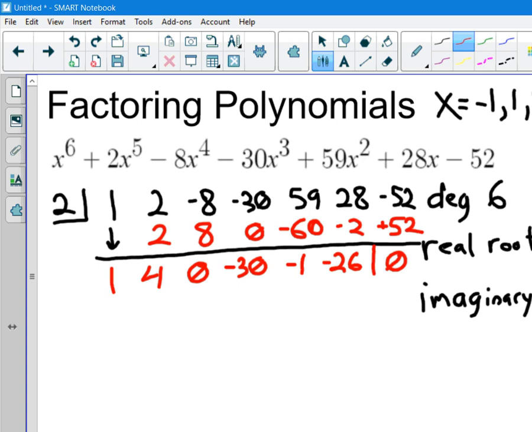If we were to use the rational zero theorem now, we would have to find all the factors of 26, which actually are not that many. It would be 1, 2, 13, and 26. So it's still fairly easy to work with. Overall, not too bad.